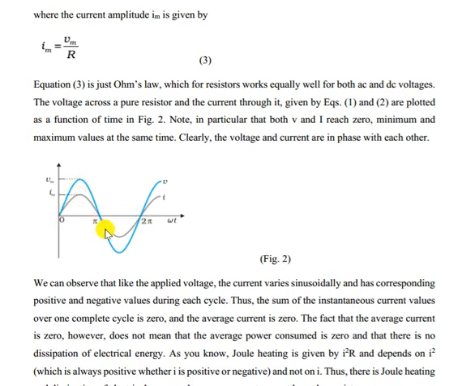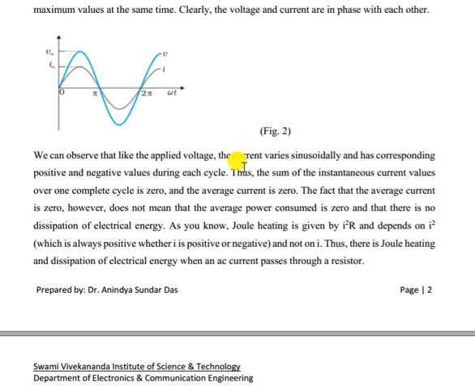Maximum occurs at pi by 2, and here it occurs at this point. That means it is in phase. These two waveforms for V and I are in phase with each other. So maximum, minimum, and zero occur at the same time, at the same point.